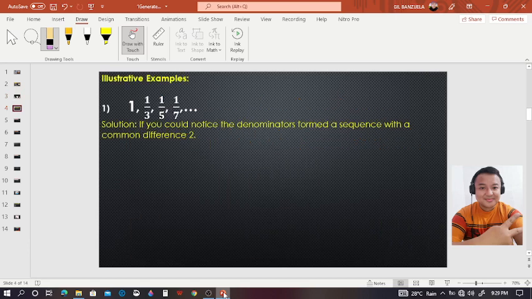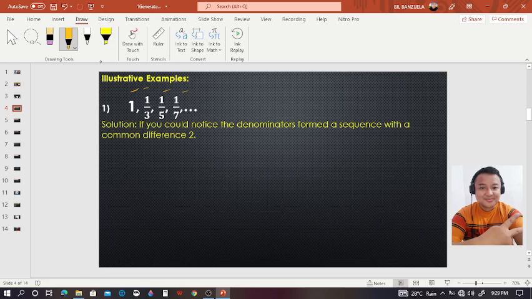So again, this is under generating patterns, so let's find the general rule. Our first example, supposing I have 1/3, 1/5, and 1/7. If you could notice, guys, the numerator part is no problem at all. Kung makikita natin, ang mga numerator natin, pare-pareho lang na 1.